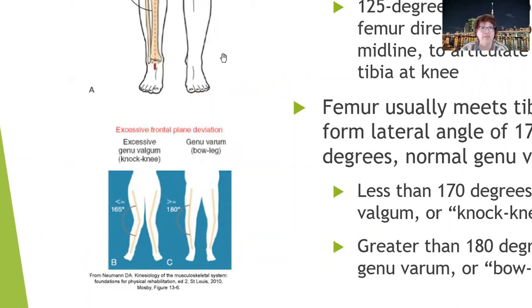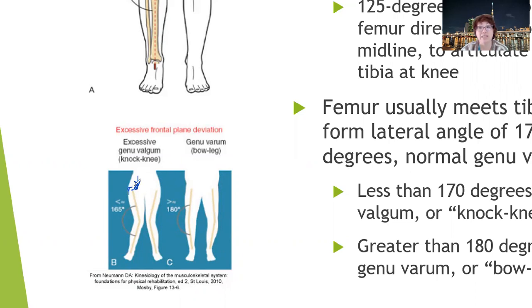So I'm going to draw a little femur in here, a little head and neck of my femur. That's the neck of the femur, that's the head of the femur. If your angle of inclination is less than 125 degrees, the head of the femur will have to move down.